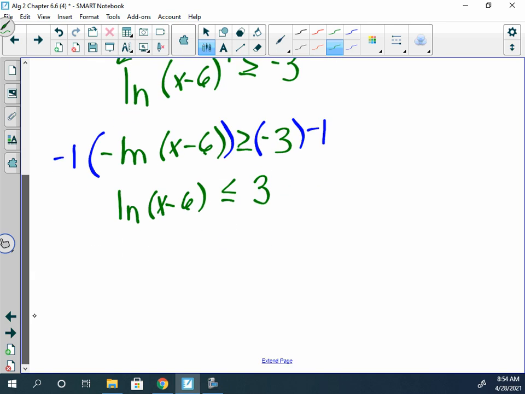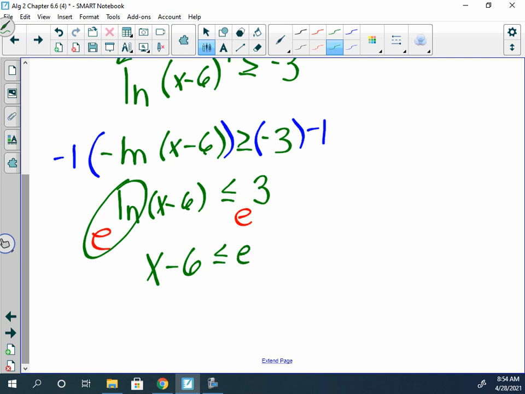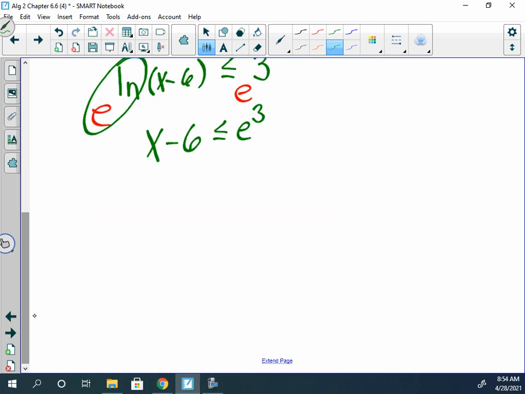Now we can take it by e. And these here would cancel, leaving us with x minus 6 is less than or equal to e cubed. X is less than or equal to e cubed plus 6.